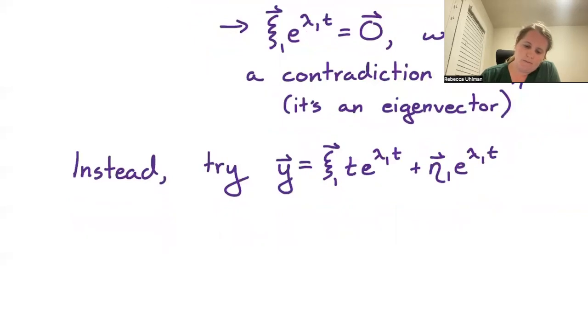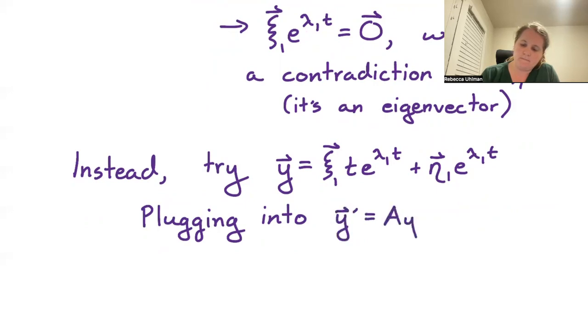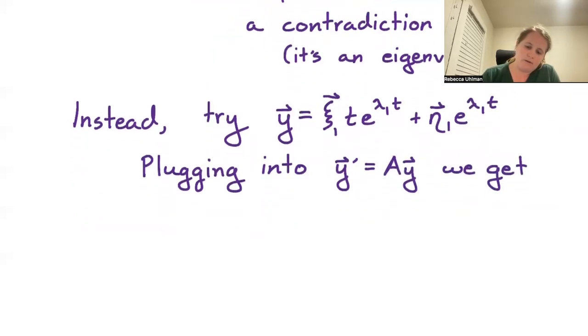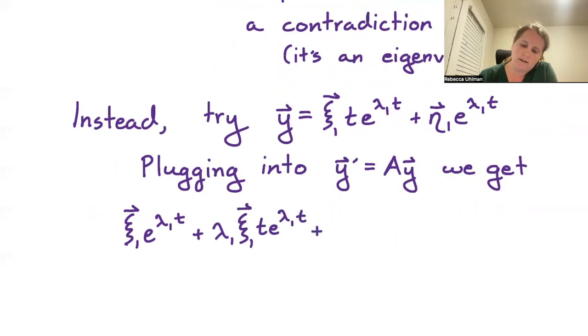So what we get then, if we plug this into y prime equals Ay, on the left-hand side, we would have, again, psi 1 e to the lambda 1t plus lambda 1 times psi 1 times t e to the lambda 1t plus lambda 1 times eta 1 e to the lambda 1t.